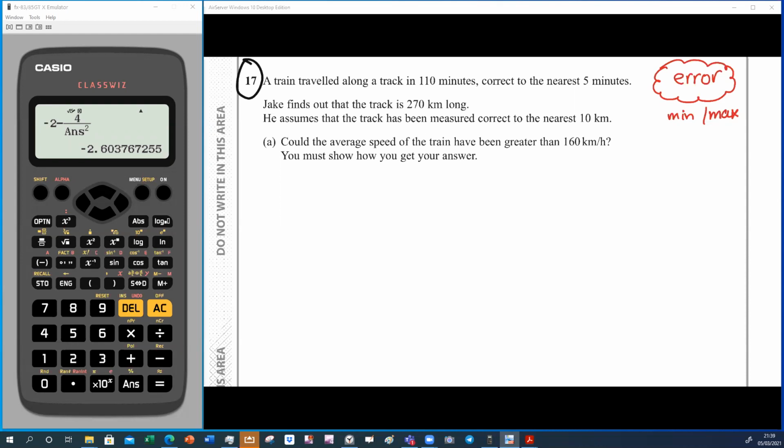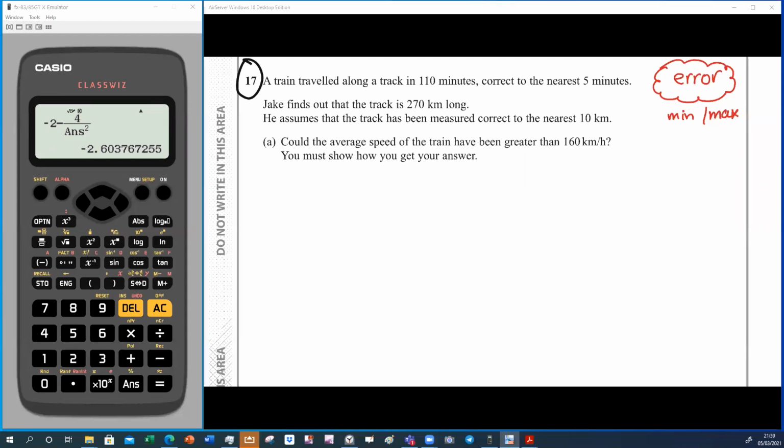A train travelled along a track in 110 minutes, correct to the nearest 5 minutes. Jack finds out that the track is 270 kilometers long. He assumes that the track has been measured correct to the nearest 10 kilometers. Could the average speed of the train have been greater than 160 kilometers per hour? You must show how you get your answer.